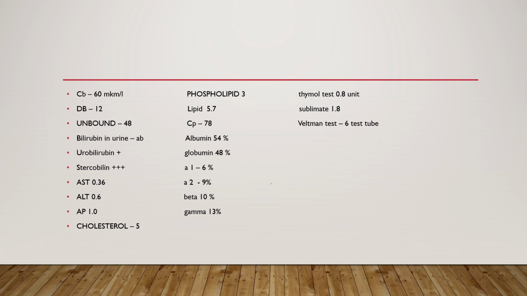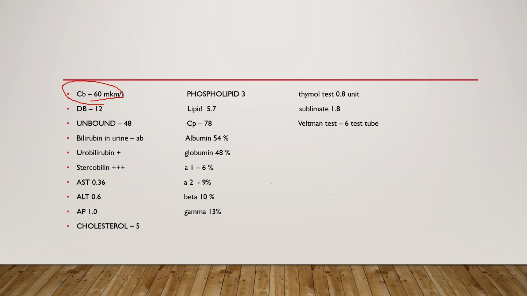Now, on the basis of the values, we will discuss which disease is here. As we can see, the normal level of common bilirubin is 8.5 to 20.5, but here it is 60, so the level of common bilirubin is increased.